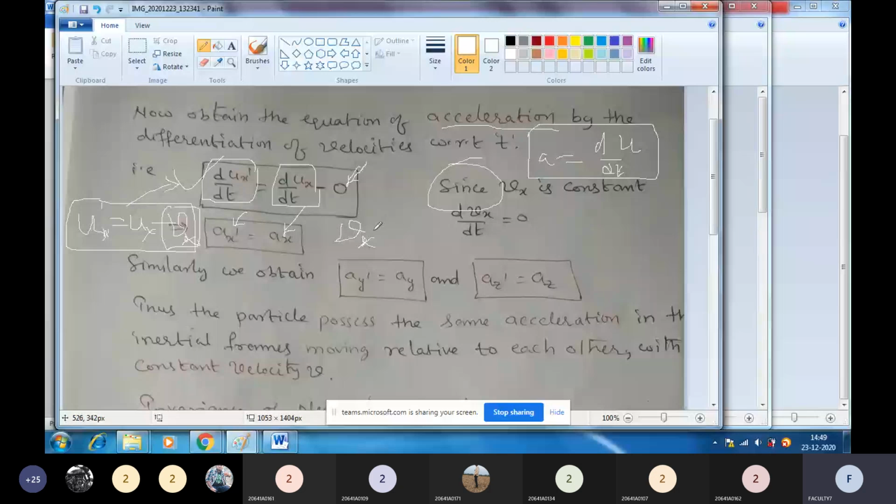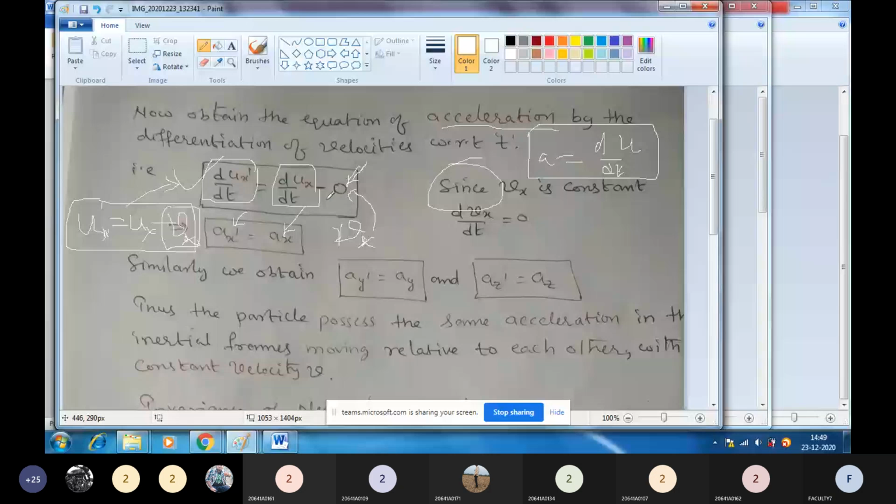You get 0. That's why the differentiated value is 0. The second frame is moving with some constant velocity, so its derivative is zero.